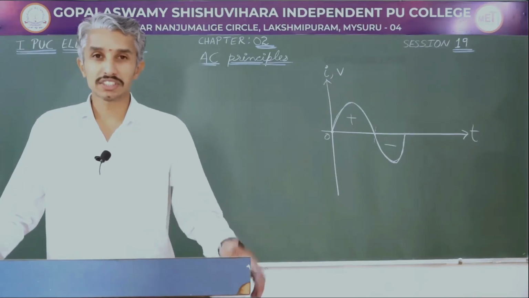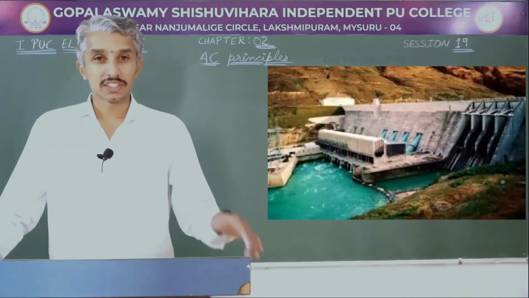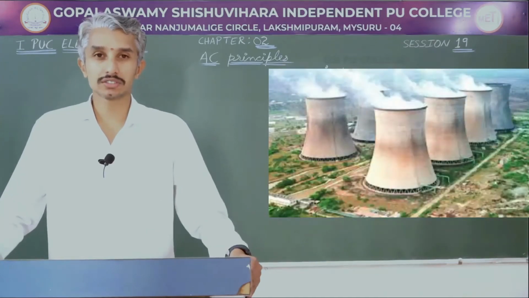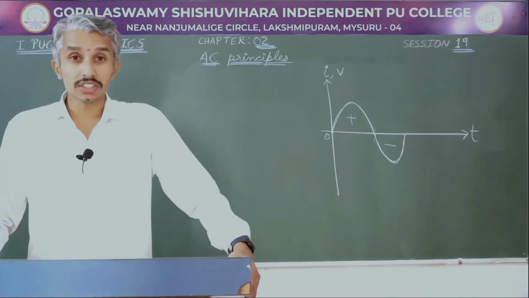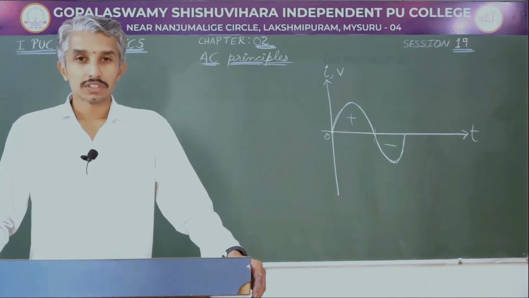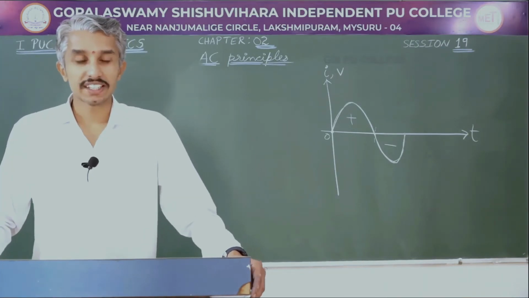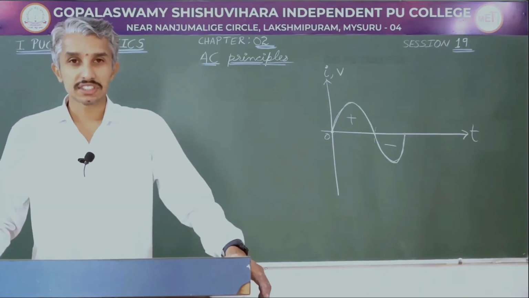All the power generating stations, for example hydroelectric power stations or nuclear power stations or thermal power stations or even the windmills. In all these cases, what is there is an AC generator. So, through an AC generator, an alternating current or an alternating voltage is being generated.